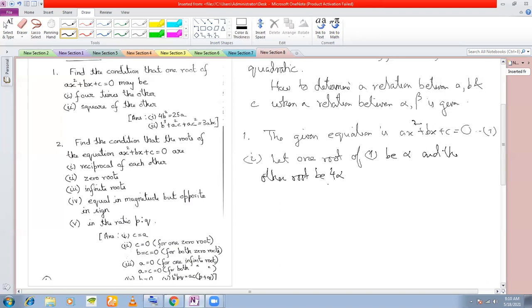Now if one root is alpha and the other root is 4 alpha, what is the sum of the roots? Alpha plus 4 alpha, this is the sum of the roots, must be equal to minus b by a, right? And what is the product of the roots? Alpha into 4 alpha must be equal to c by a. So from here, what do you get? You get 5 alpha is equal to minus b by a, and here you get 4 alpha square is equal to c by a.